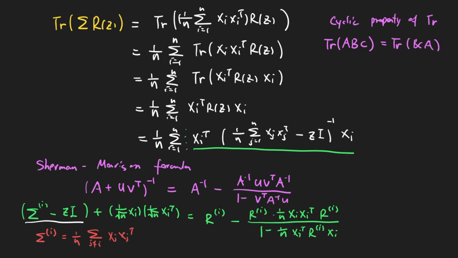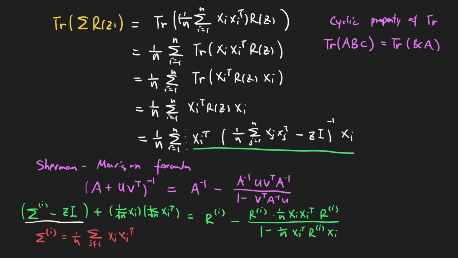Okay, good. This is exactly what we want, right? Because now this R superscript i has no dependency on the data point i, where all the dependencies show up in the second term, in this part.